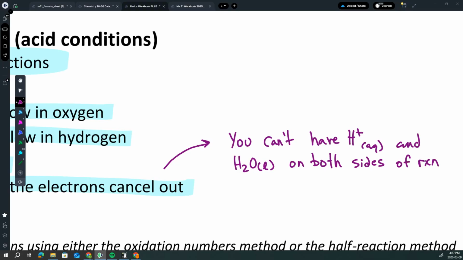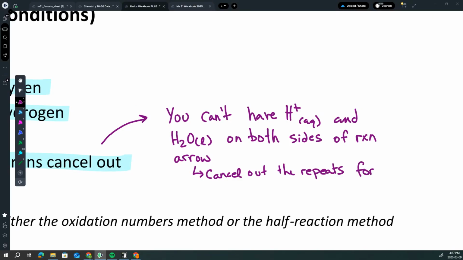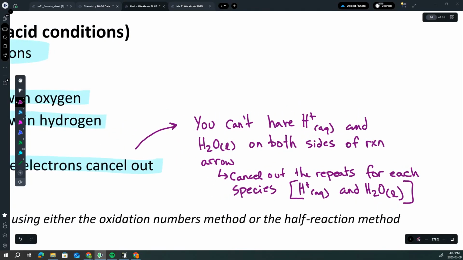So reaction, I'm going to abbreviate to RXN. Okay, so you can't have H+ ions and water on both sides of the reaction arrow.